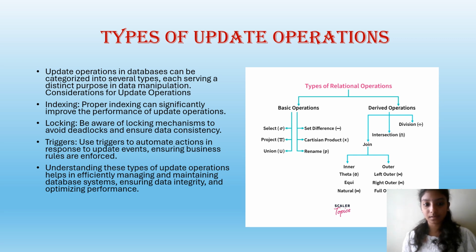Triggers: use triggers to automate actions in response to update events, ensuring business rules are enforced. Understanding these types of update operations helps in efficiently managing and maintaining database systems, ensuring data integrity and optimizing the performance. There are several types of relational operations such as select, project, union, set difference, Cartesian product and rename.